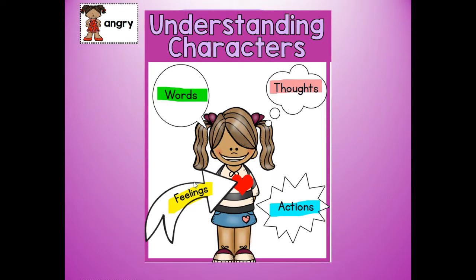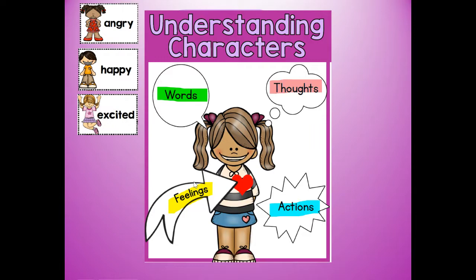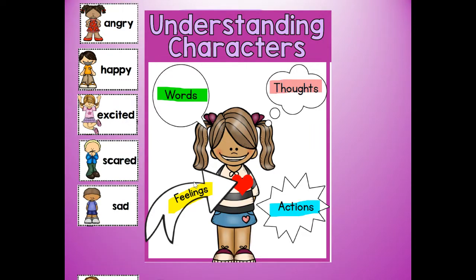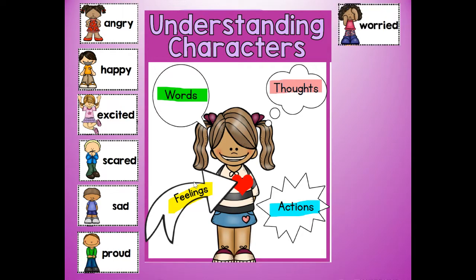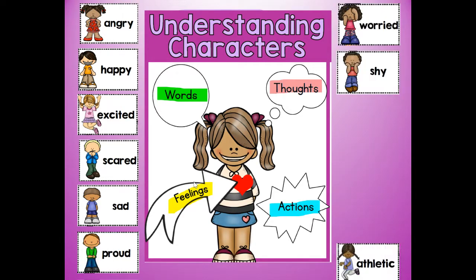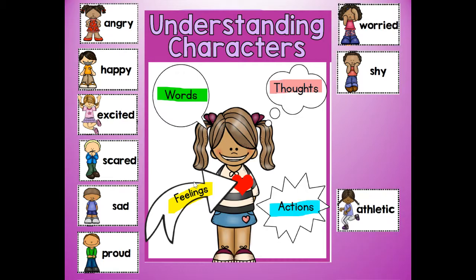So a character might be angry or happy. A character might feel excited, scared, sad, proud, or worried, shy, athletic. So those are all things that you could describe a character based on their words, feelings, thoughts, or actions.